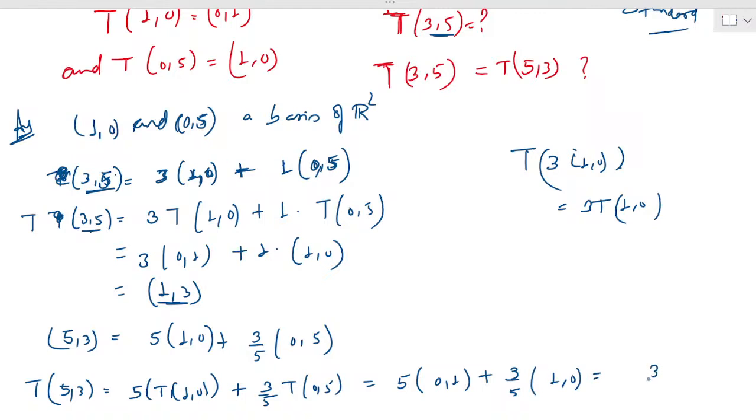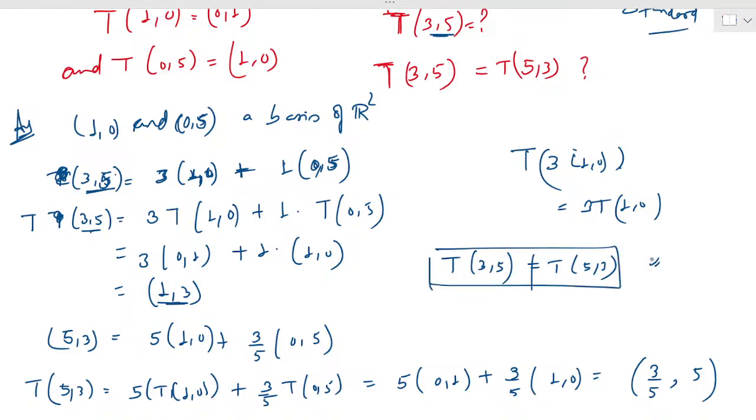So you're going to get (3/5, 5). Clearly you can see that T(3,5) is (1,3), and it is not equal to T(5,3). I hope that you've got this point.